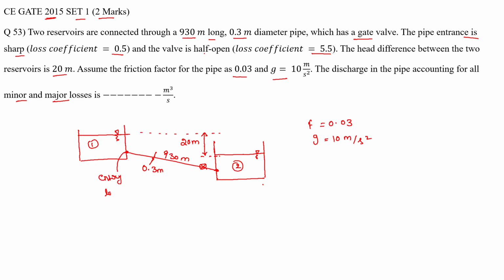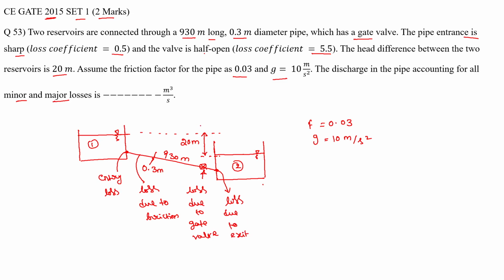Then friction loss, and then at the gate valve there will be a loss due to the valve. Gate valve loss, and the exit loss. Correct, good, loss due to exit.